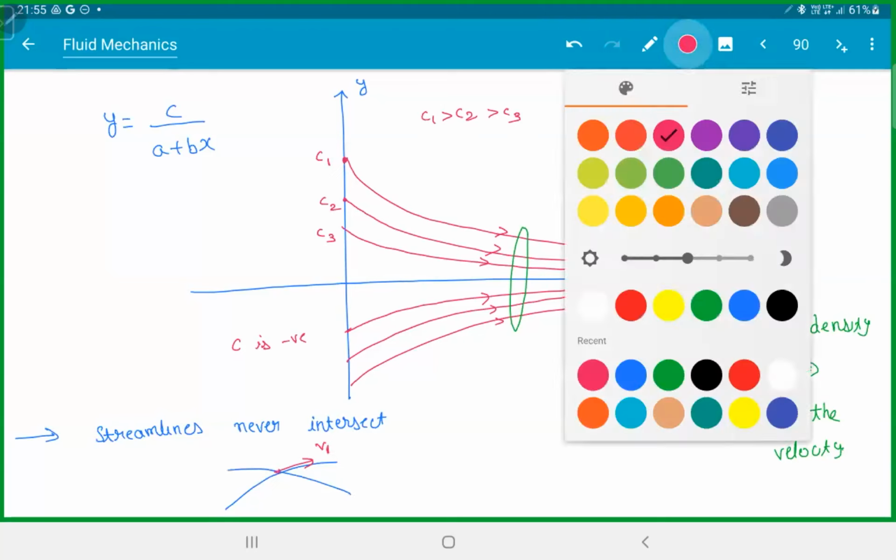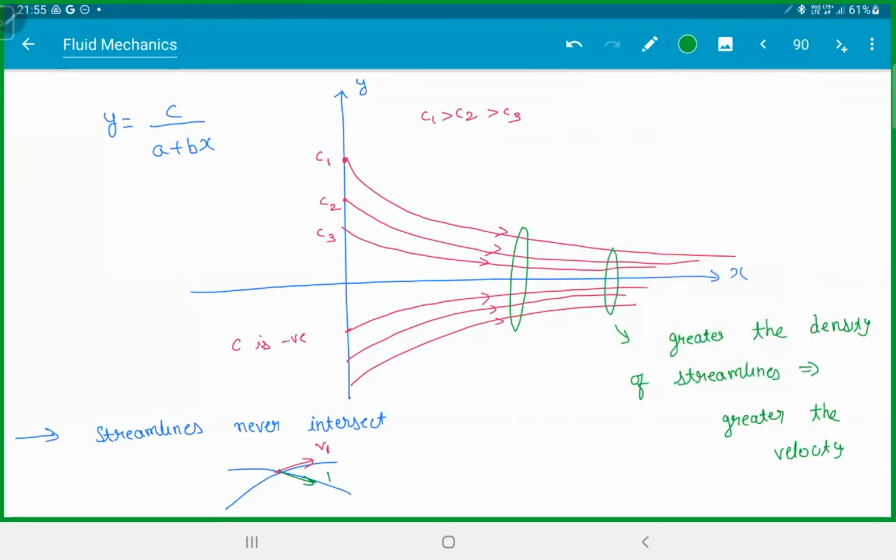How can you have two velocities for the same particle at the same instant? Two tangents will come at the intersection, not possible. That's why they don't intersect. Check it out.